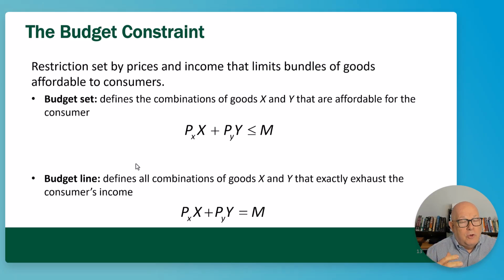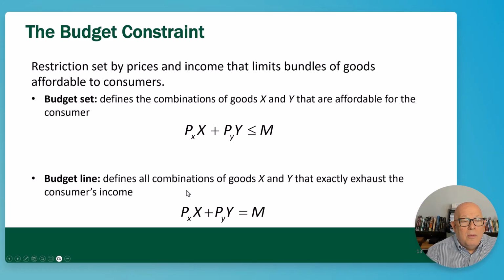Then the total amount that we're going to spend is going to be the price of X times however many of X we're going to buy, plus the price of Y times however many of Y we're going to buy. And that sum has to be less than the income we have to spend, less than the budget that we have available.